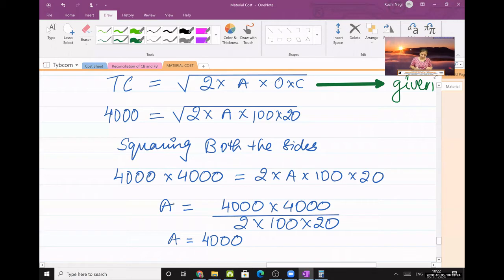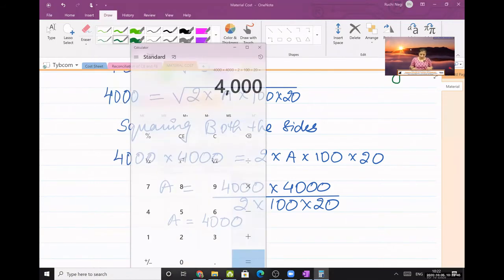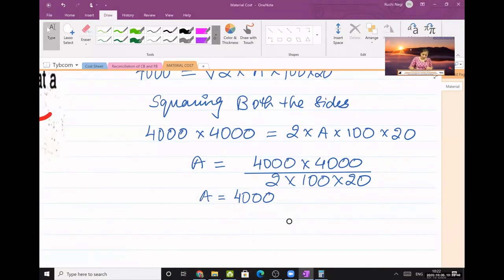A will come here, so this will divide. So 4,000 into 4,000 divided by 2, divided by 100, divided by 20. My answer is coincidentally 4,000. So I got A, annual demand, as 4,000.